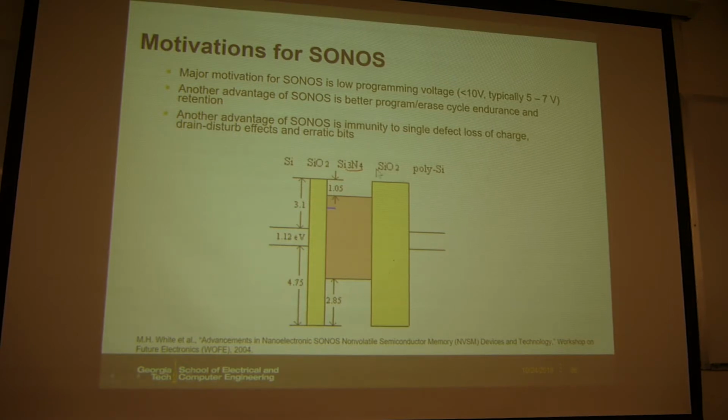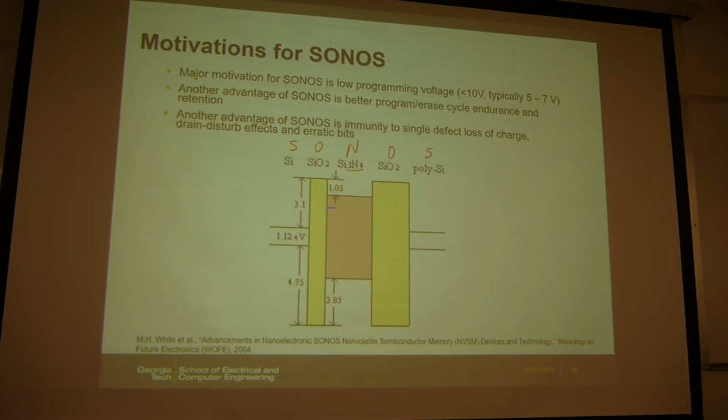And then this silicon dioxide again, this is the interpoly dielectric between the floating gate and the control gate. Of course here it is no longer poly. And again, the control gate here, if it's still the polysilicon gate, then it's silicon. So that's why this is silicon, oxide, nitride, oxide, silicon.